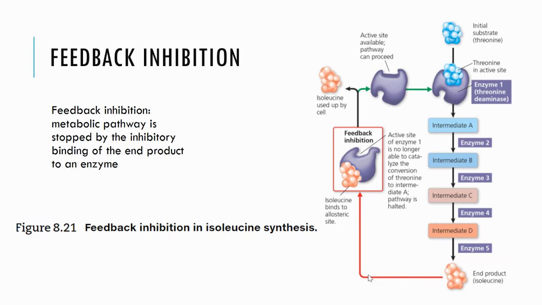What happens is that when there's lots and lots of isoleucine, it can bind to an allosteric site on the enzyme to prevent the pathway from continuing, so that we don't have more of it made.